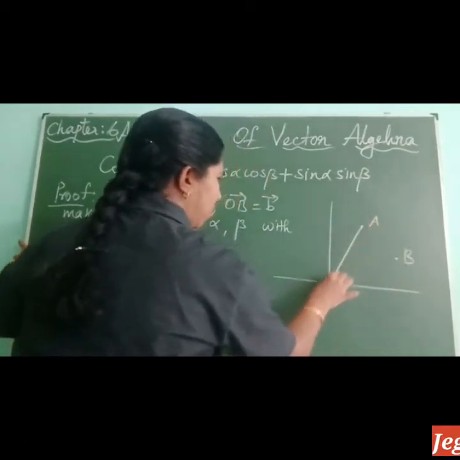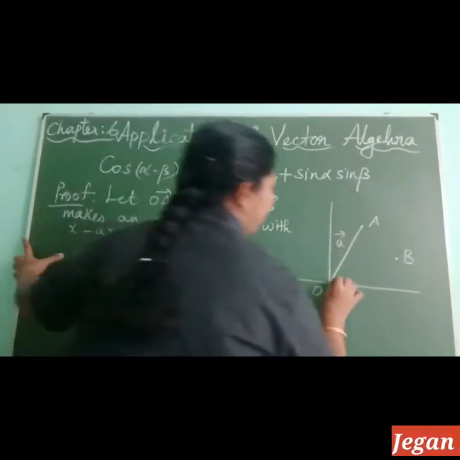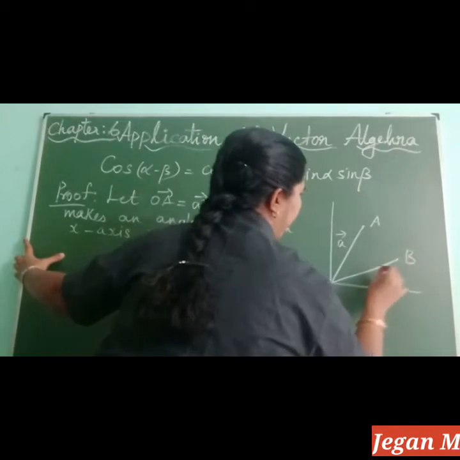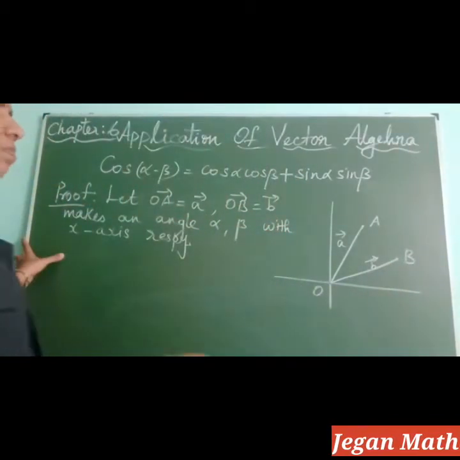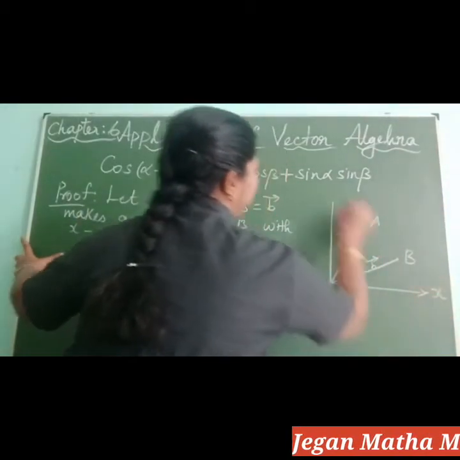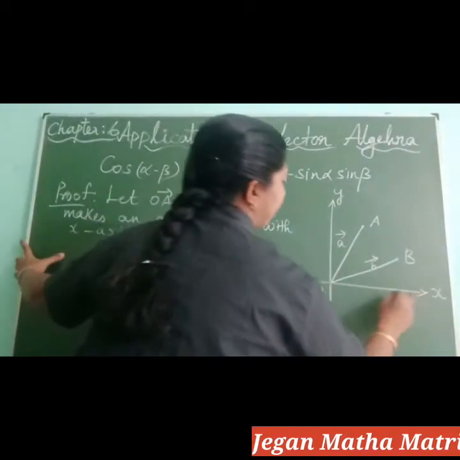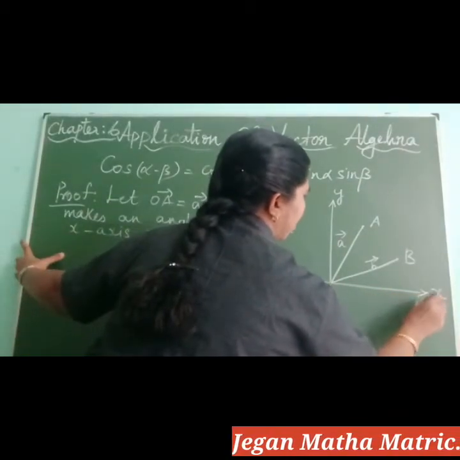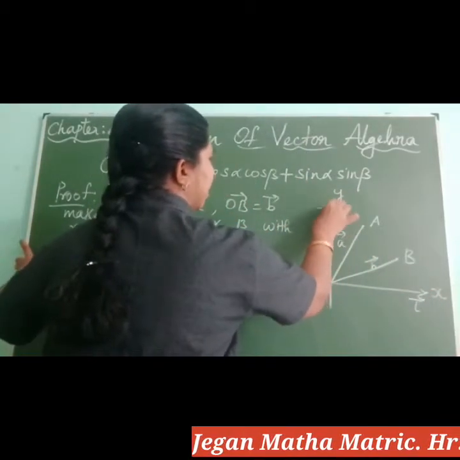Just join them. OA vector is A vector, OB is B vector. This is the x-axis, here is the y-axis. Along the x-axis we represent the I vector, and along the y-axis the J vector.